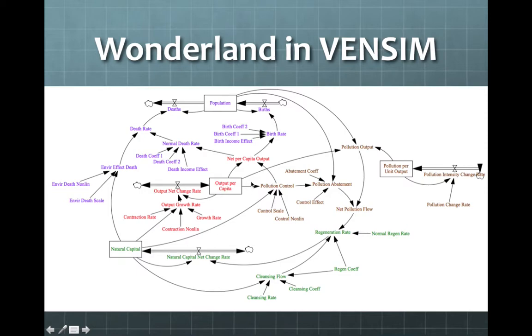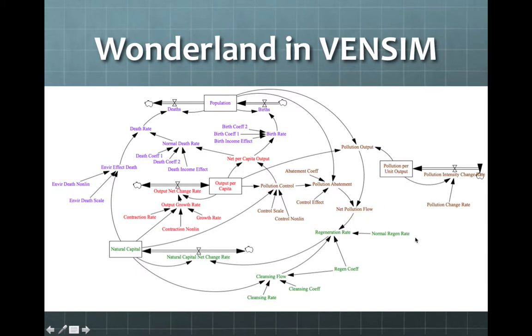The output per capita and pollution feed back into nature's ability to regenerate, which feeds into the natural capital equation. And pollution is driven by a single coefficient here, which I mentioned before. So that's the general structure of the model. All the parameters are here. That's how the information flows.